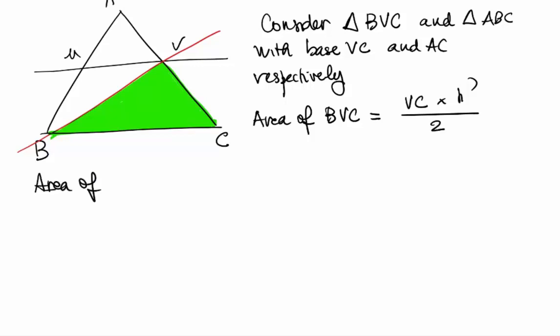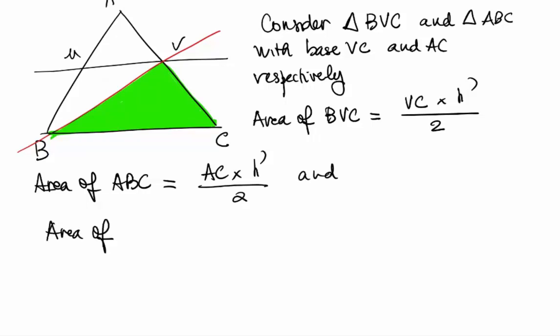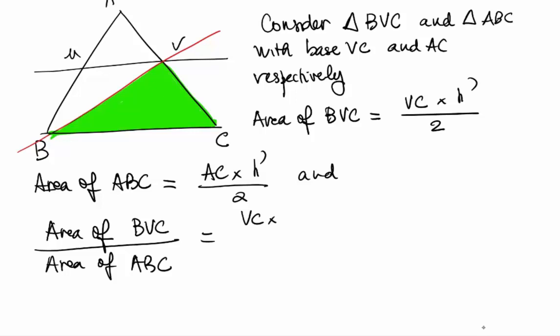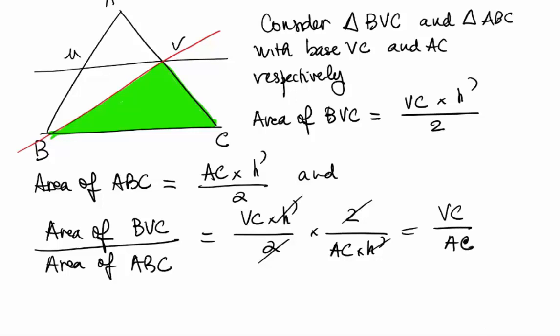And the area of ABC is going to be equal to AC times some height, H prime the same height, over 2. And the ratio area of BVC over that of ABC will be the product VC H prime over 2 times 2 over AC times H prime, which is VC over AC.